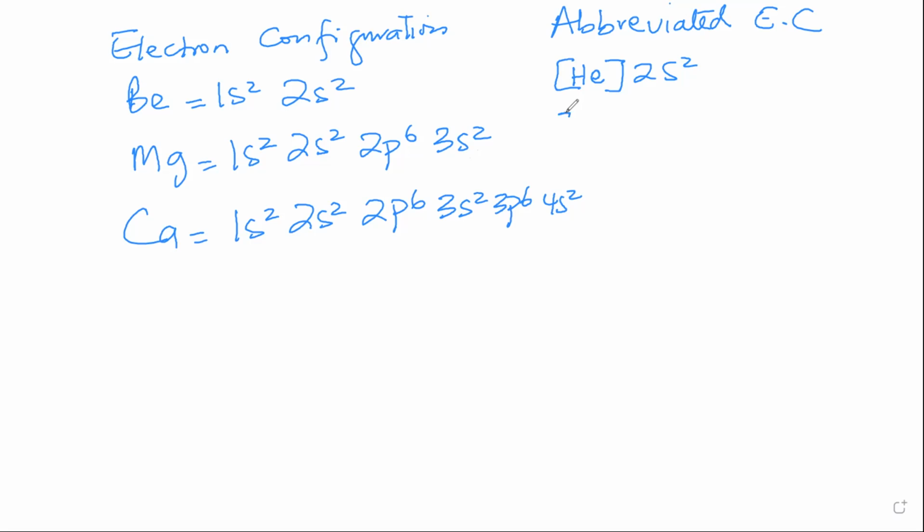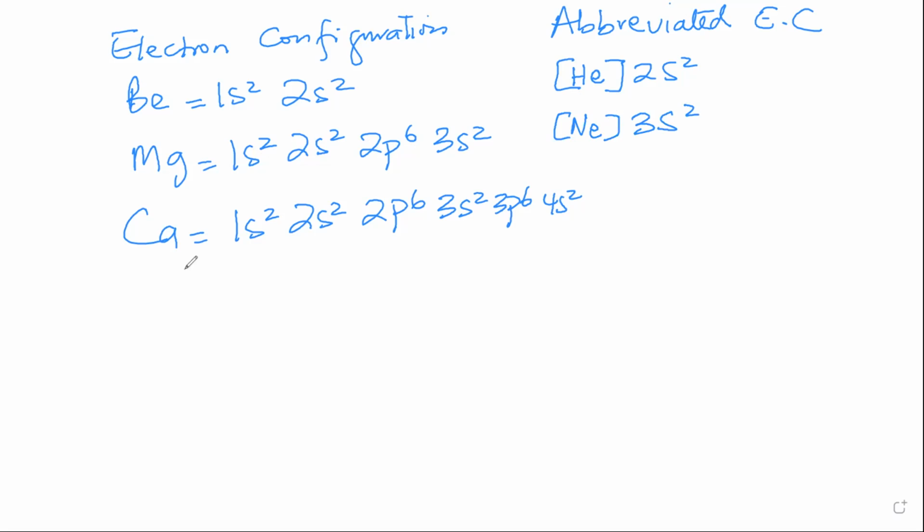So we will write neon. This means 1s2, 2s2, 2p6. Then that's abbreviated. We finish it up.